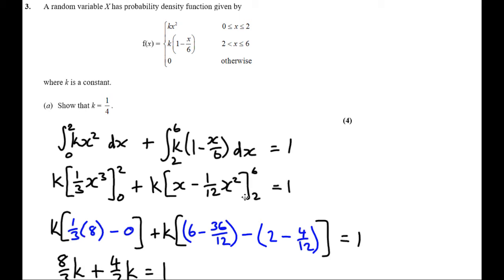what would a sketch of this continuous random variable look like? Firstly, I know I have some quadratic function occurring in between 0 and 2. And then I actually have a linear function in between 2 and 6, with that linear function being a negative linear. A general sketch of what this looks like.